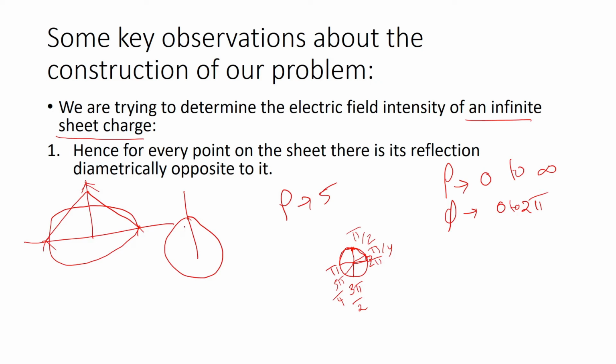Now, in addition to that, what I am telling you is, not just when rho equals 5. For all the values of rho, all possible values of rho, whatever you may assume, ranging from 0 plus to infinite, for all these points, the electric field intensity at a point on z-axis would always be acting in the direction of z-axis only.